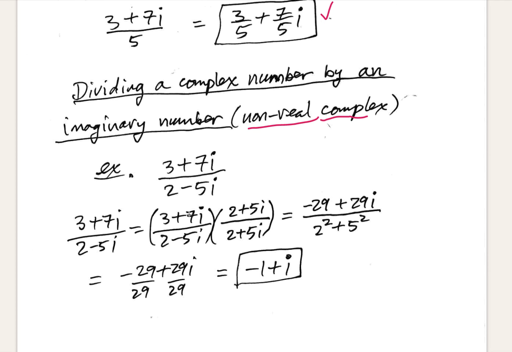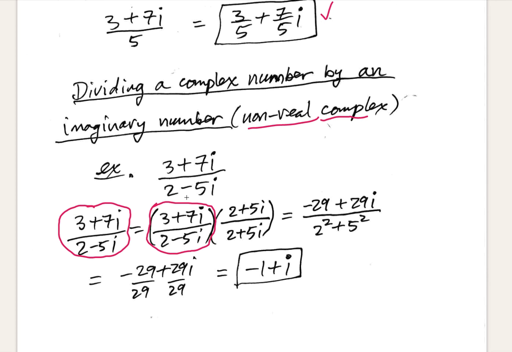Here's what you do. You just write it down again here and multiply it by a fancy form of 1. Now if I multiply something by 1, that leaves it unchanged, right? Now what is that fancy form of 1 that'll help me get my answer? I want to look at the denominator, 2 minus 5i.